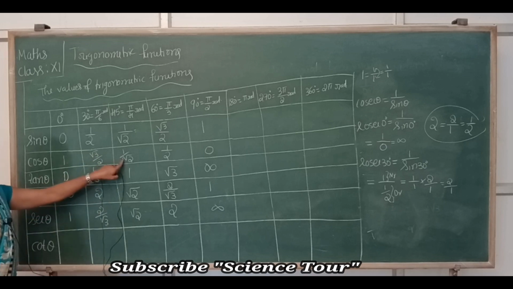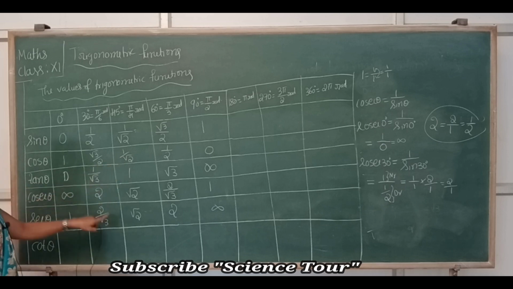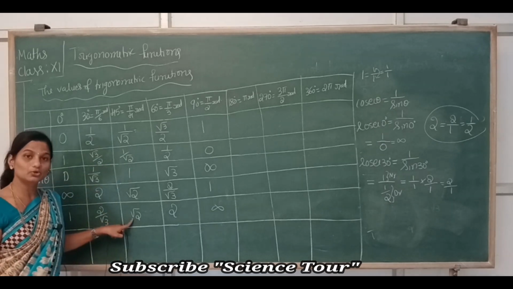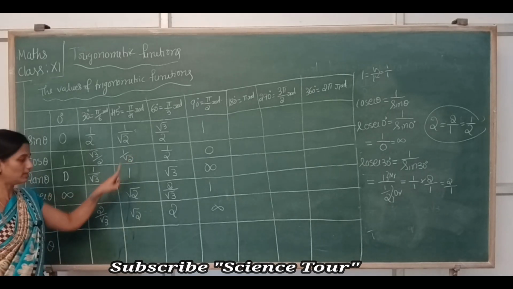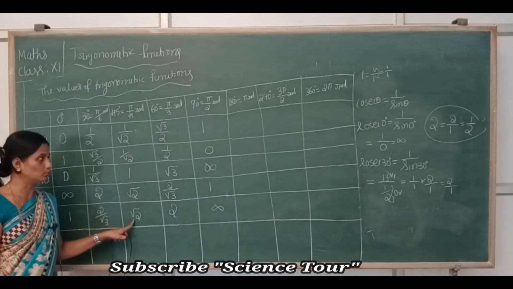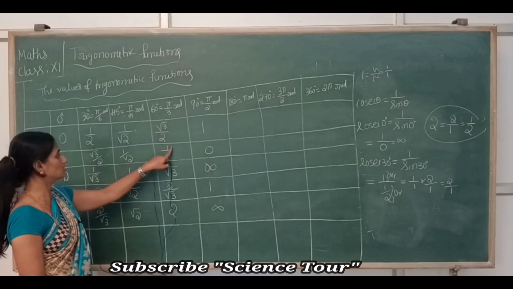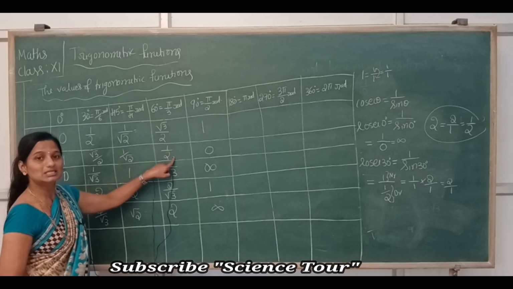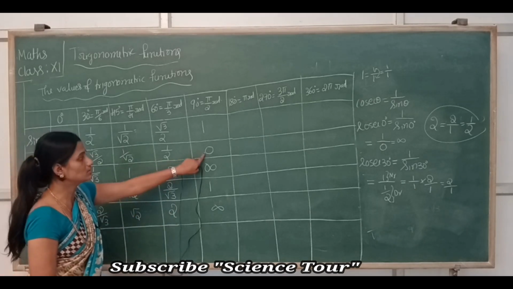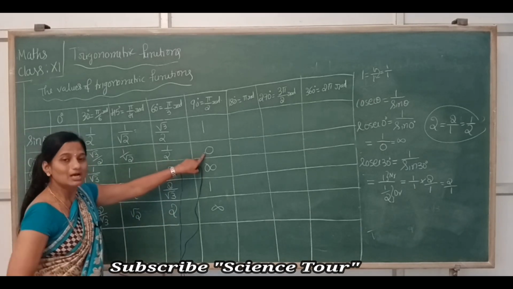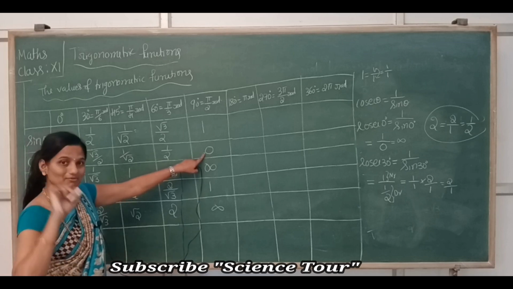Cos 45 is 1 by root 2. The reciprocal is root 2 divided by 1, which is root 2. Cos 60 is 1 by 2. The reciprocal is 2 by 1.